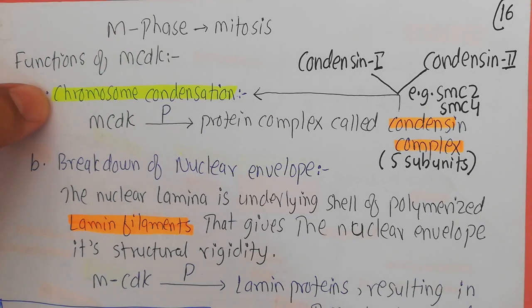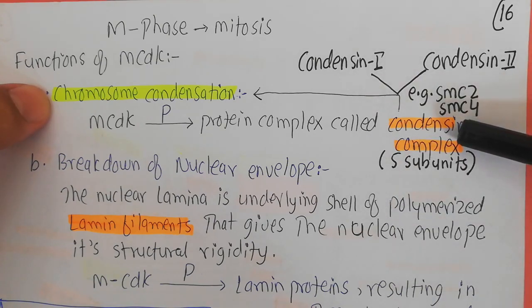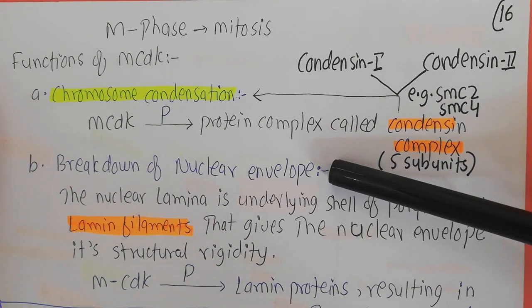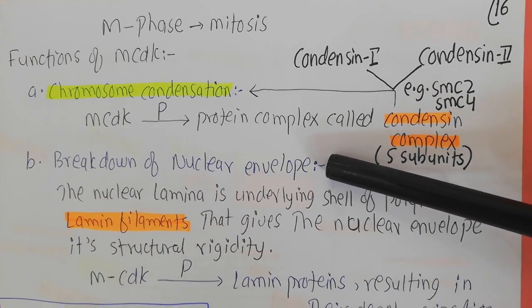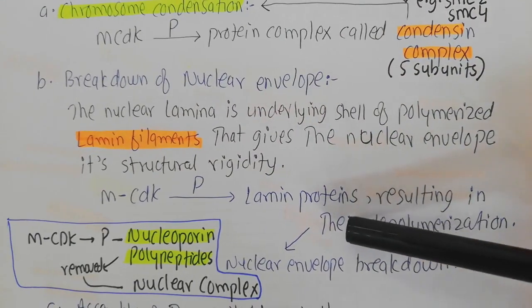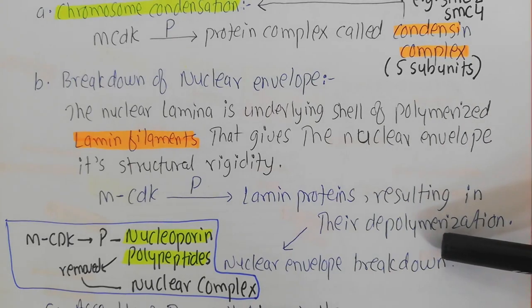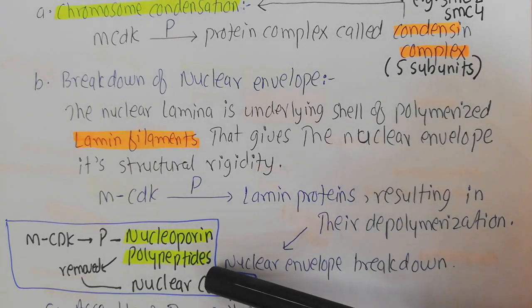One function of this MCDK was the condensation of the genetic material, which it achieved by the activation of the condensation complex. Another important function was the breakdown of the nuclear envelope, achieved by the phosphorylation of the lamin proteins, resulting in their depolymerization, and the phosphorylation of the nucleoporin polypeptides, thereby removing them from the nuclear envelope.